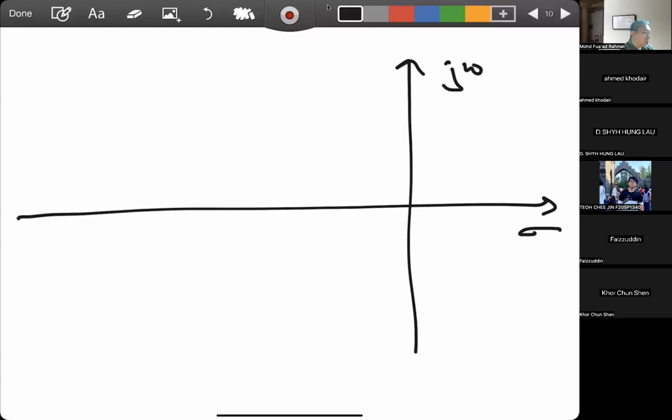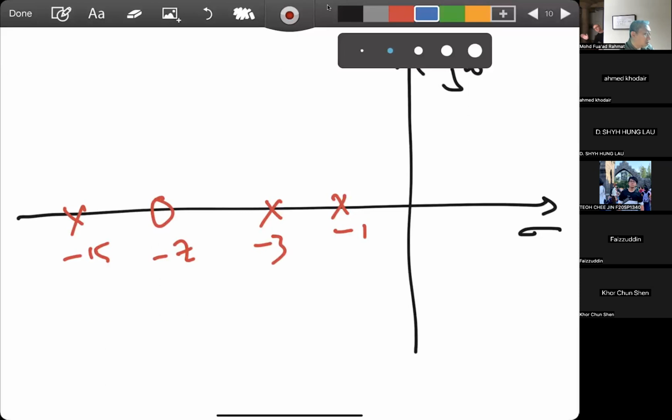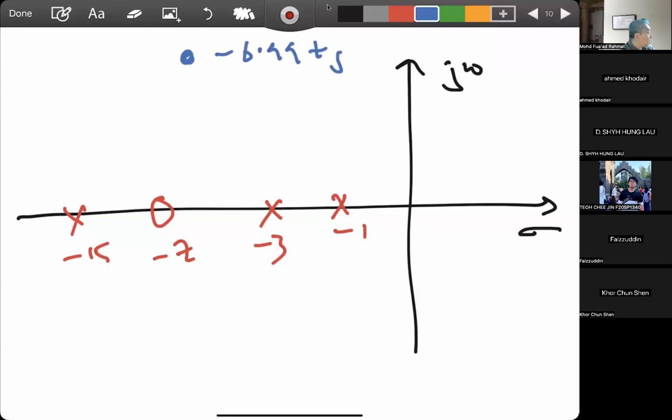Okay, so we have -1 over here, -3 over here, -15, and we put the zero anywhere. Okay, and then the new dominant pole is located at -6.99 plus j 9.56 or 9.55, both can be.